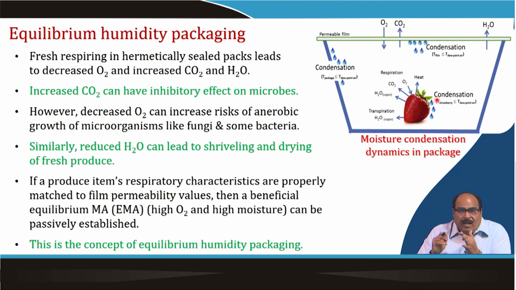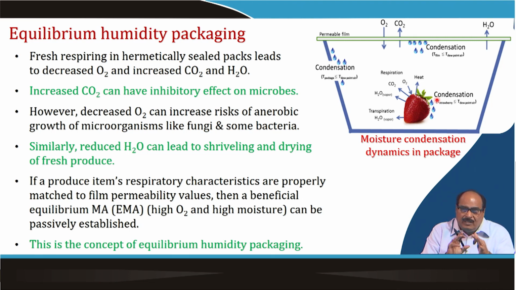If the produce item's respiratory characteristics are properly matched to the film permeability value, then a beneficial equilibrium modified atmosphere, which is known as EMA, where high O2 and high moisture can be passively established. And this is the concept of equilibrium humidity packaging.